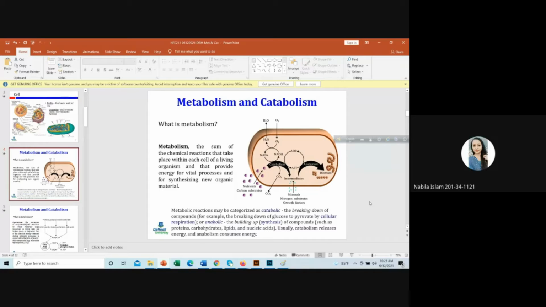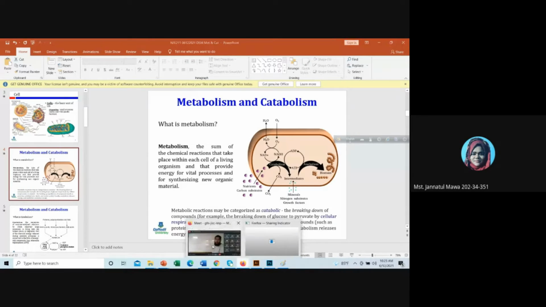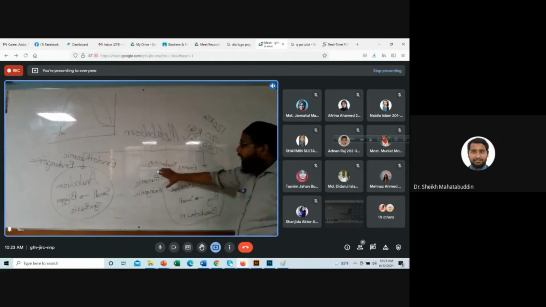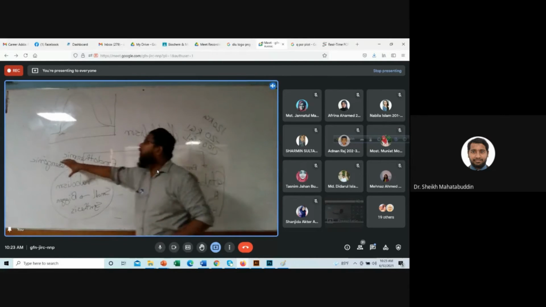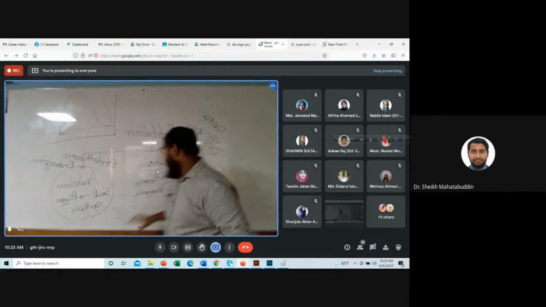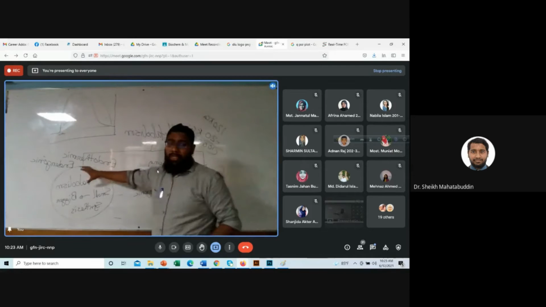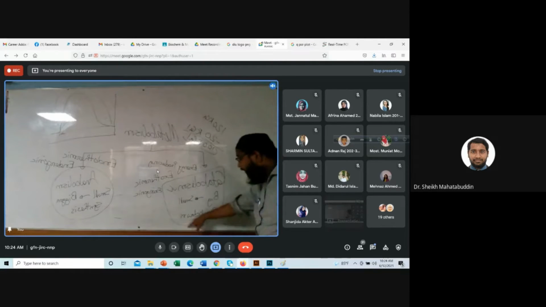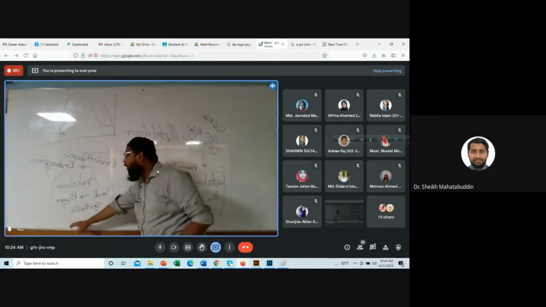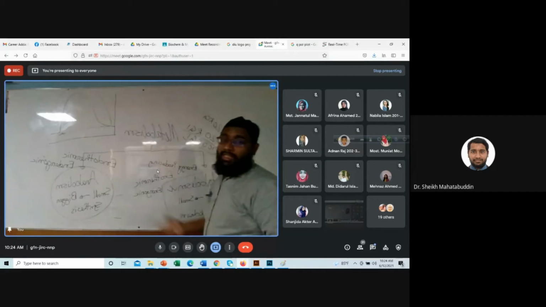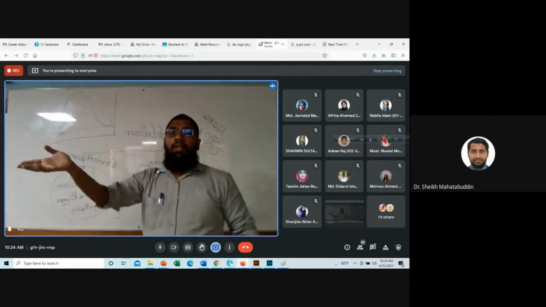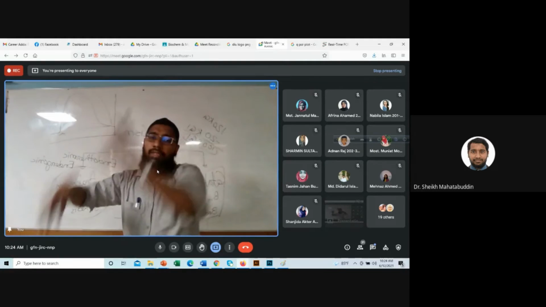Sir, the board looks blurry. Okay, so what happened is that you have exothermic or exergonic and endergonic reactions: one produces energy, the other consumes energy. The energy necessary for production of this molecule comes from this one. As a result, catabolism and anabolism are vice versa reactions: catabolism then anabolism, catabolism then anabolism.